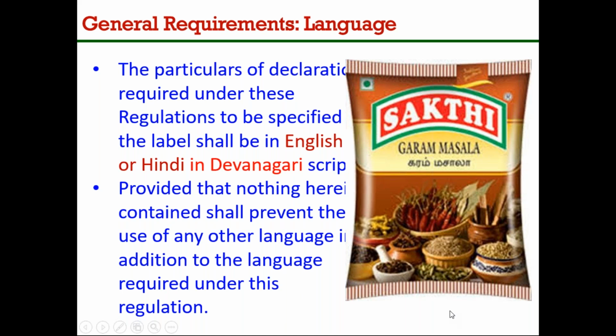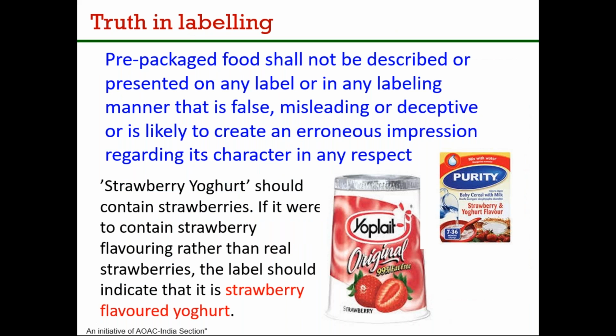Then, in the general labeling requirements, it says there should be truth in labeling. The label should not be false, misleading, or erroneous, as the consumer should not be misled. So look at these packaged food products on the right-hand side. The first yogurt contains strawberry, and therefore the pictorial representation of strawberry is permitted.